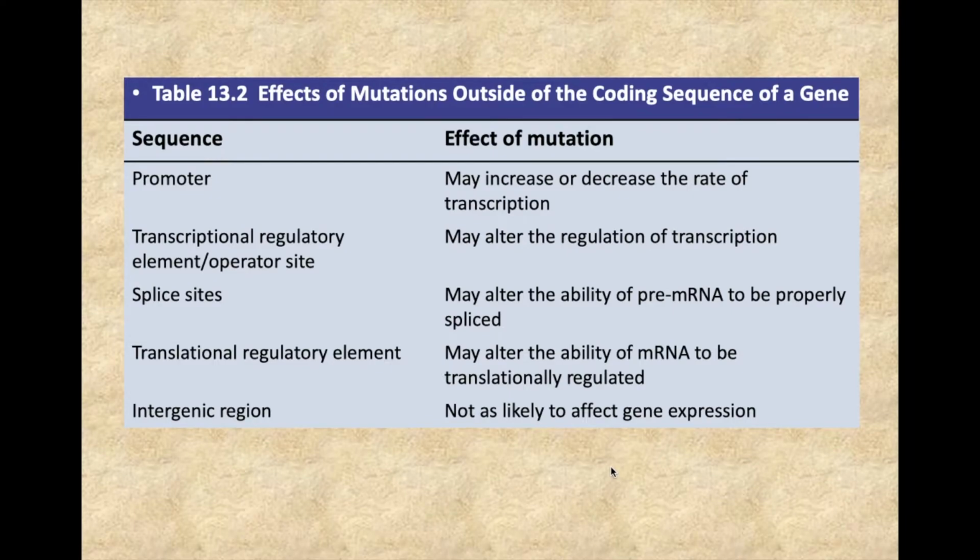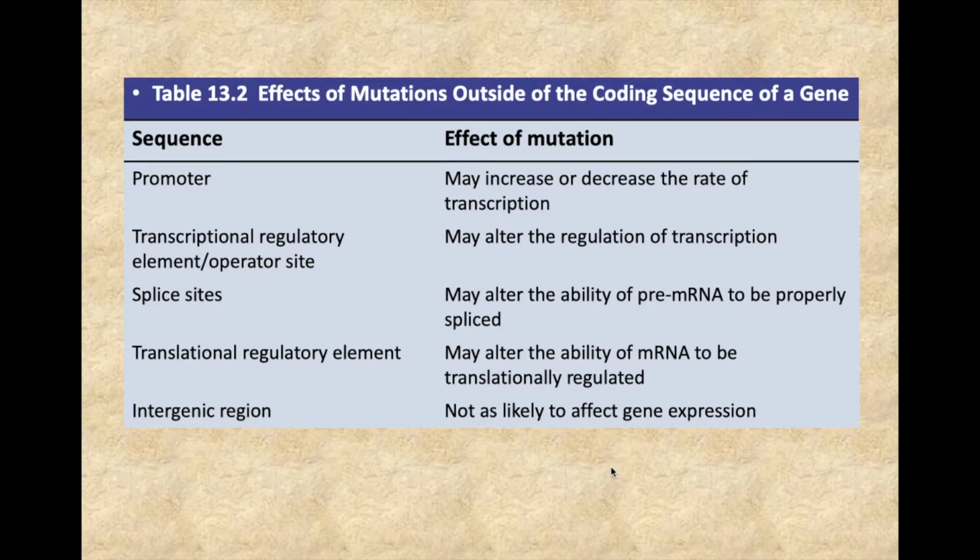Translational regulatory elements: the transcript ultimately has to guide the process of translation, and we may find a mutation taking place in these translational regulatory elements. So for example, in prokaryotes, maybe the ribosome binding site gets mutated, and that can alter the ability of the ribosome to bind, or translation to happen at a particular rate, or to happen at all.